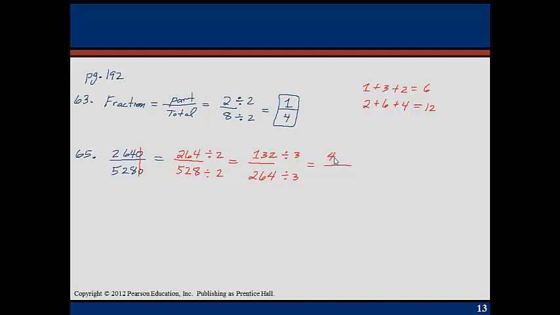So 132 divided by 3 is 44, and then 264 divided by 3 is 88. Then we can finish off by dividing both by 44, which is 1 over 2.